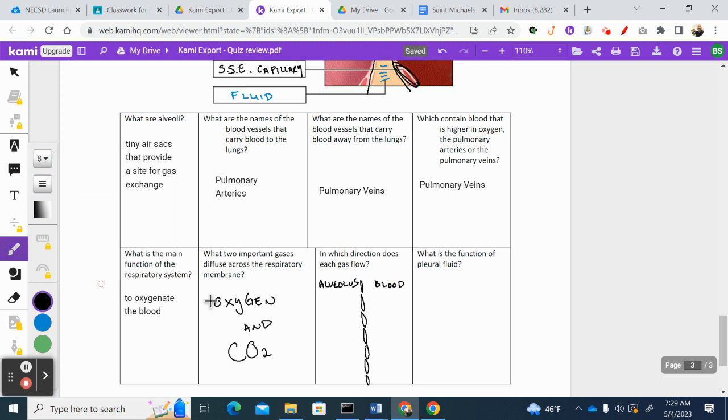So let's say we're breathing in all this air over here on this side. Right, this is all air breathing in. This is inside the alveolus. And over on this side, this is all blood, right? Inside the capillary.